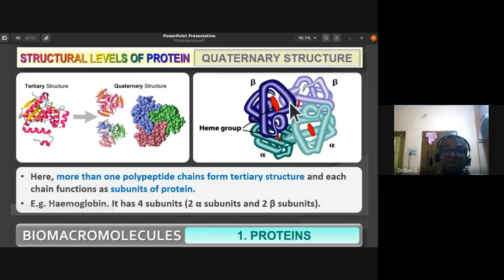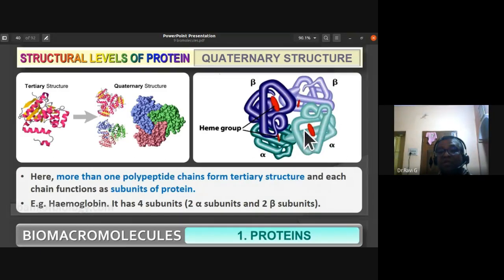So more than one polypeptide chain forms a tertiary structure, and each chain functions as a subunit of the protein. Example, hemoglobin has four subunits, of which two are alpha subunits and two are beta subunits.